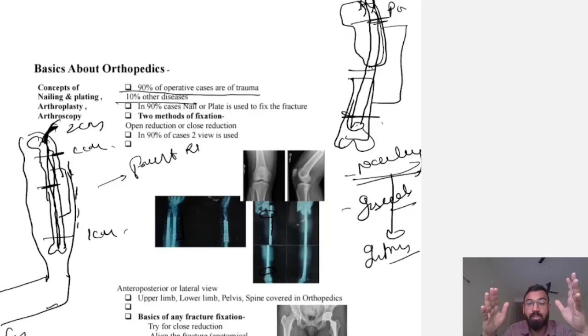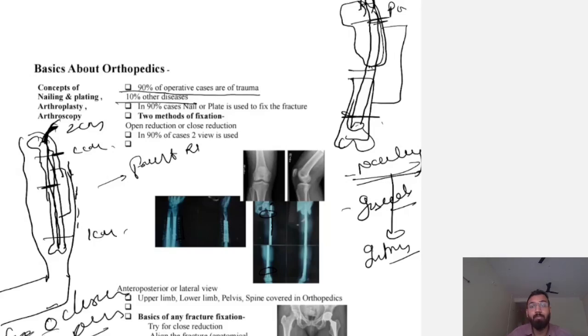If in some patient it does not get reduced, then we have to give an incision and reduce it openly, and then reduce both fracture fragments by bone holding. Okay, then we will do nailing. So nailing could be closed reduction or open reduction. First we will try closed reduction. If it does not get reduced, then we will do open reduction. Plating is always open reduction because the plate has to be applied over the bone.